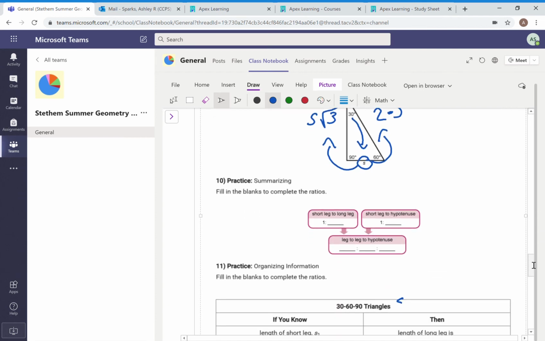So your ratio here, short leg to long leg, is 1 to square root of 3. Short leg to hypotenuse is 1 to 2. So my ratio here is 1 to square root of 3 to 2.